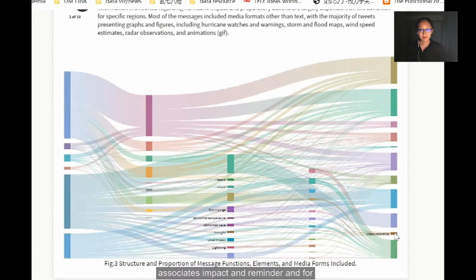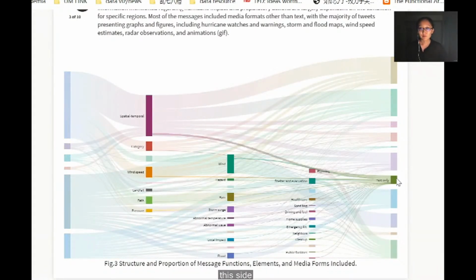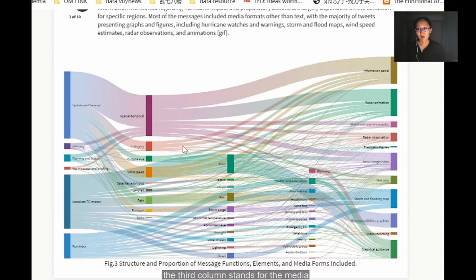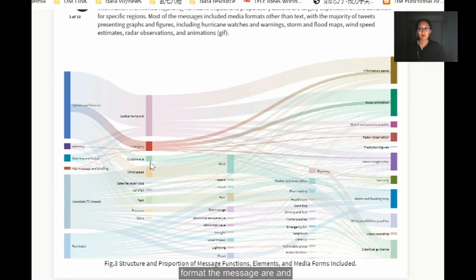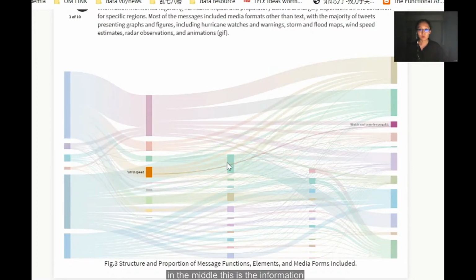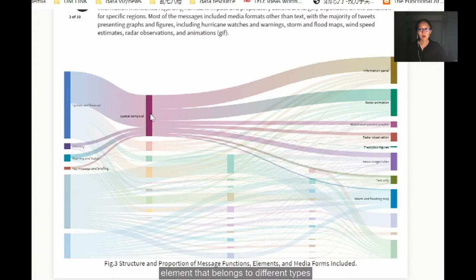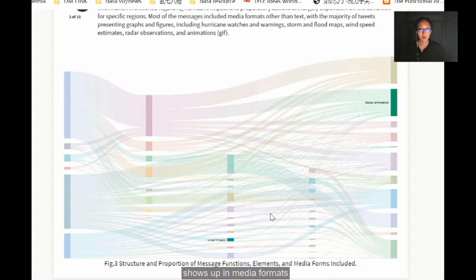The third column stands for the media format of the messages. In the middle is the information element that belongs to different types of messages. For example, the spatial and temporal element belongs to the forecast messages. It also shows up in media formats like information panels and radar animation.